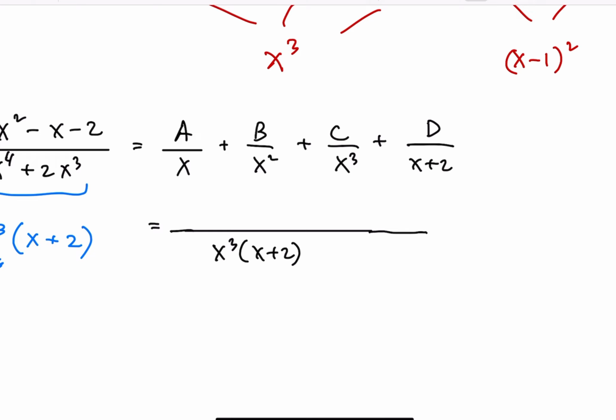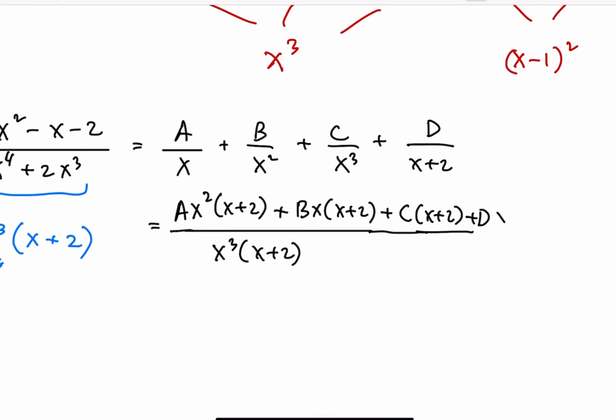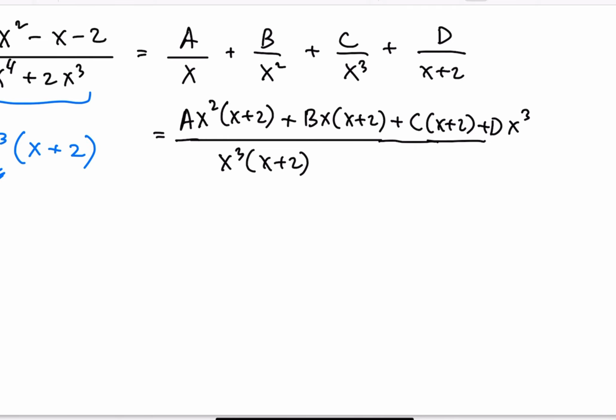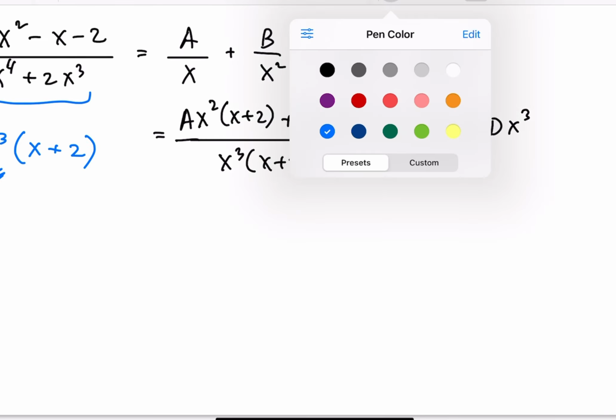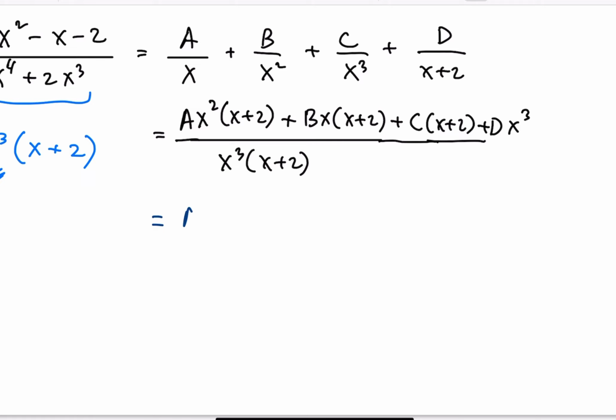We have a times x squared times (x plus 2), plus b times x times (x plus 2), plus c times (x plus 2), plus d times x cubed. Now we first deal with this calculation, simplify, and then group everything together.